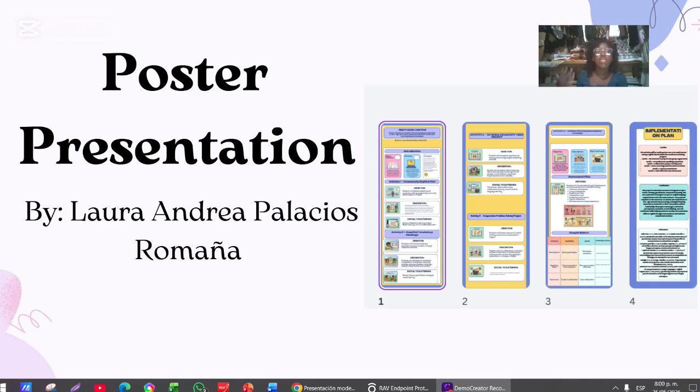Now, we would like to present the poster we created as a group. This poster summarizes our experience and reflections on the most important aspects of our pedagogical practice and what we learned in the course. I will explain the main ideas and highlights of our poster. Our poster focused on the importance of meaningful learning experiences in foreign language acquisition.